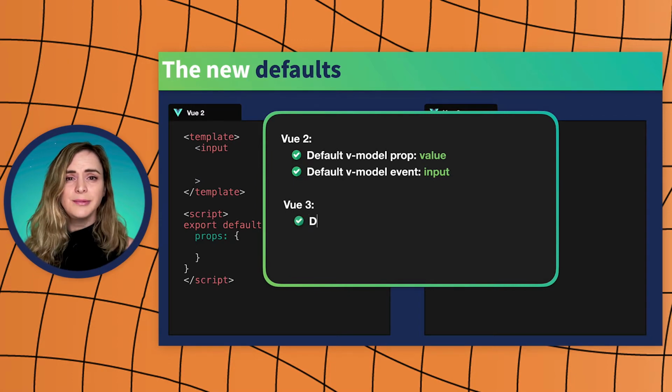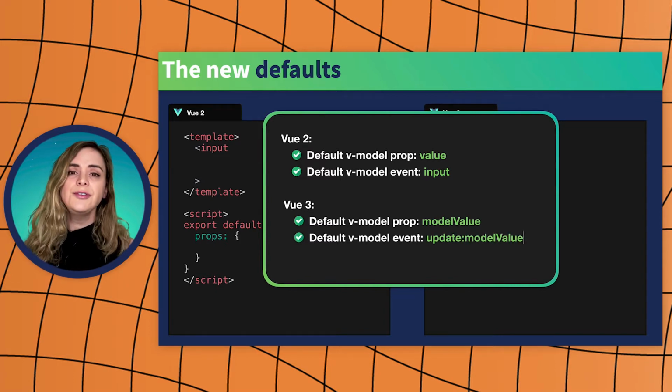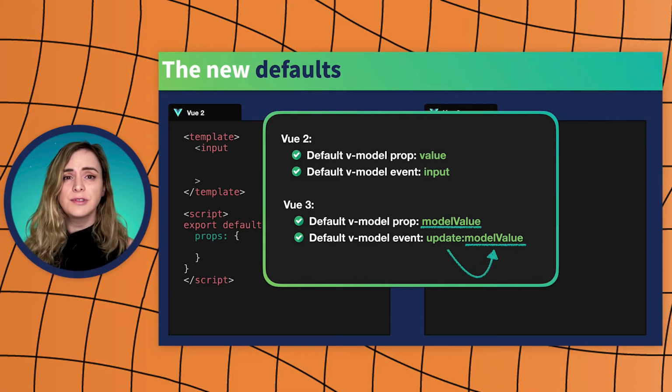In Vue 3, we now have two new defaults. For the prop that binds the input of the value, we use modelValue, and for the emitted event, we use update:modelValue. I want you to pay close attention to the names of the events before you panic about the verboseness of these new defaults. Did you notice how modelValue is actually present in both of them?